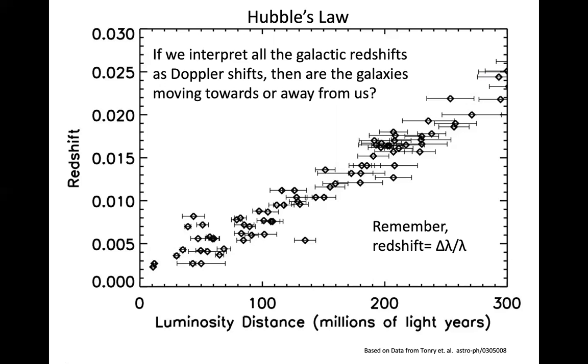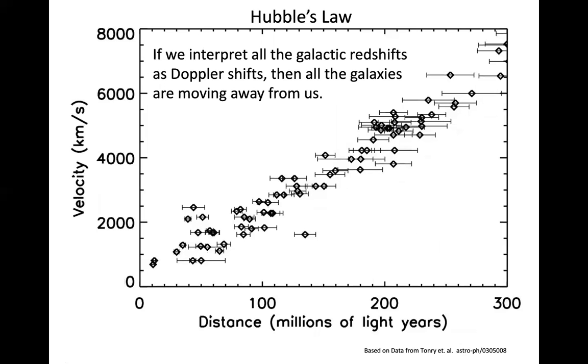Because all of these galaxies have their wavelength shifted to longer wavelengths, that implies they're all moving away from us. And furthermore, that more distant galaxies are moving at higher speeds. We can even make that quantitative by converting the redshifts into proper velocities, and we can see that we have very high velocities here, of order thousands of kilometers per second.